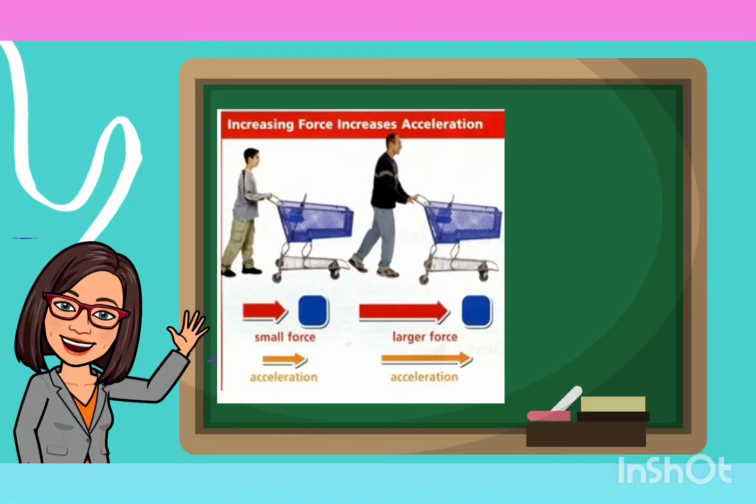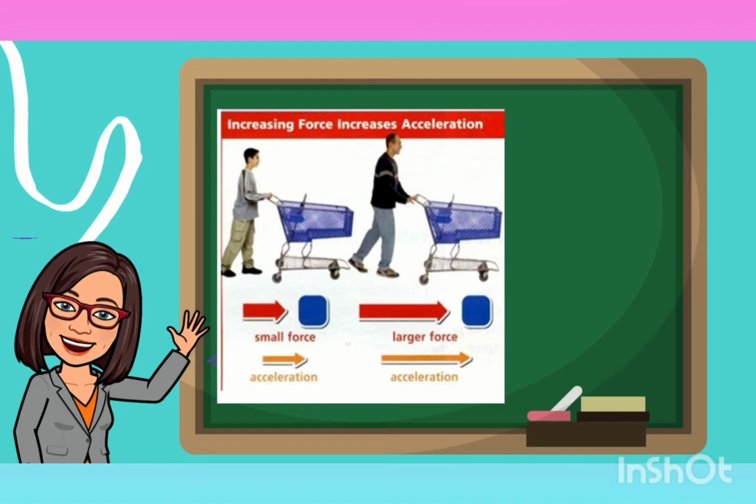As you can see, there are two men pushing the same cart, an older and a younger man. The younger man produces a smaller force, while the older man produces a larger force. The weight of the cart that they are pushing is equal, but the amount of force that they are exerting is not equal.